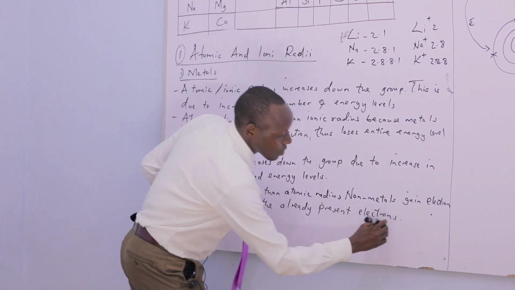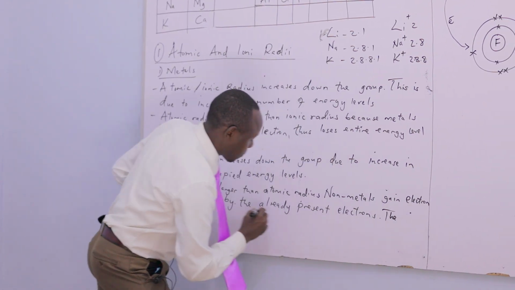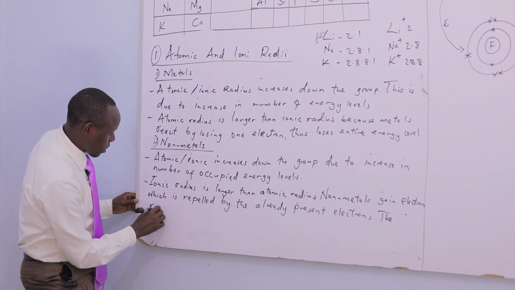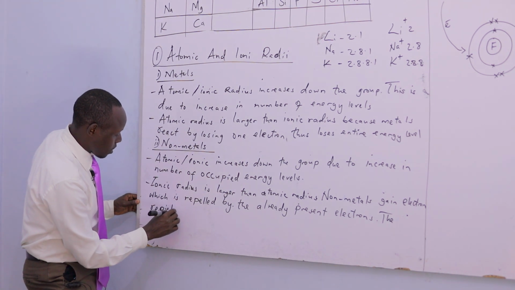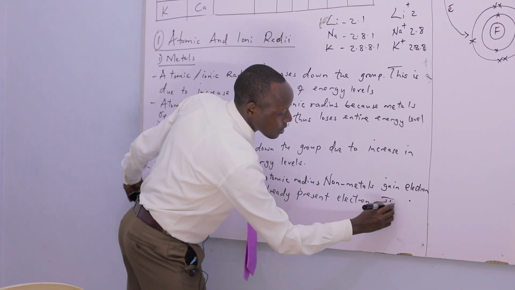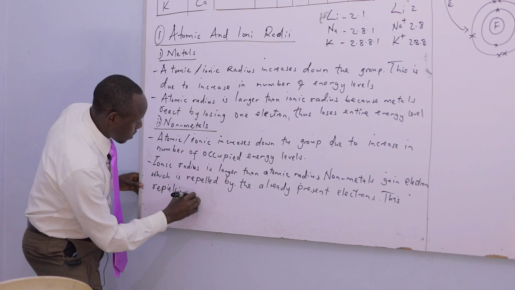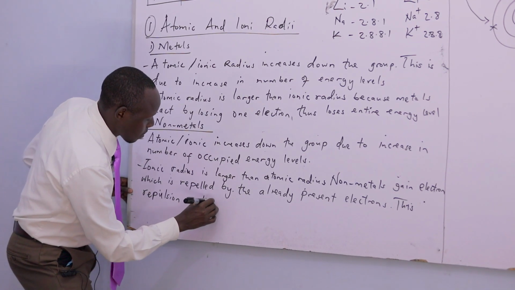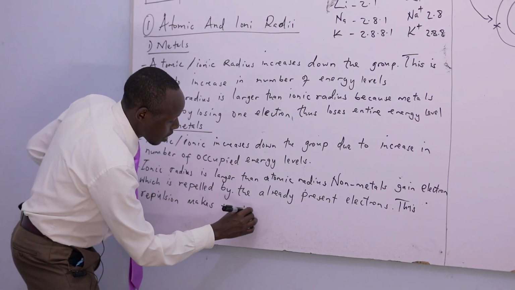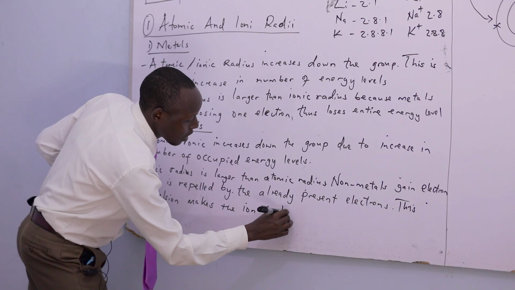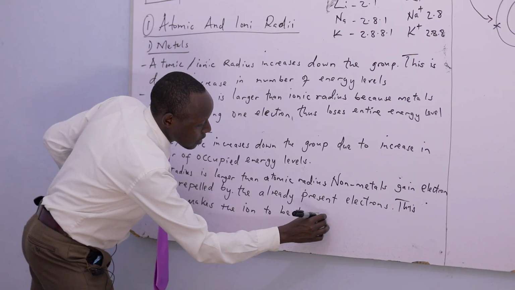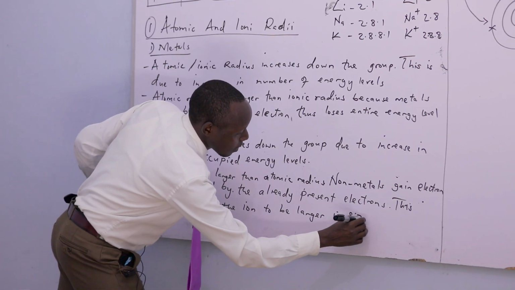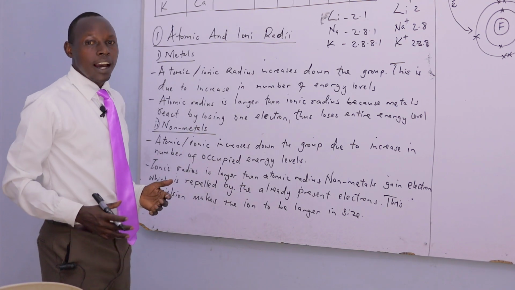So this repulsion makes the ion to be larger in size. So that is a point I want.